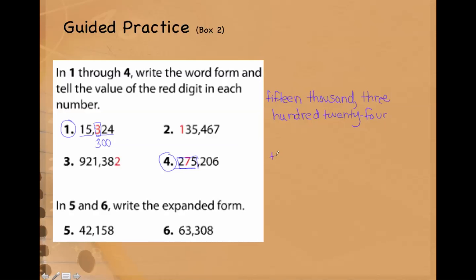So I'm going to write 200 70-5, and then that comma says, that's right, 1,000. So I need the comma. Now I'm going to read this side over here. I see 206. 206.